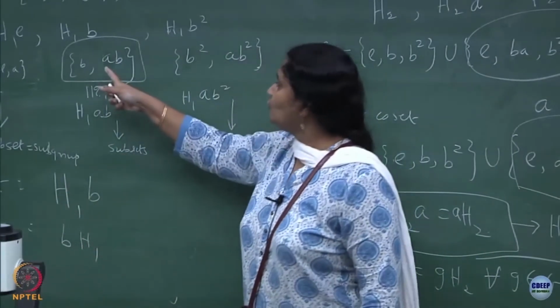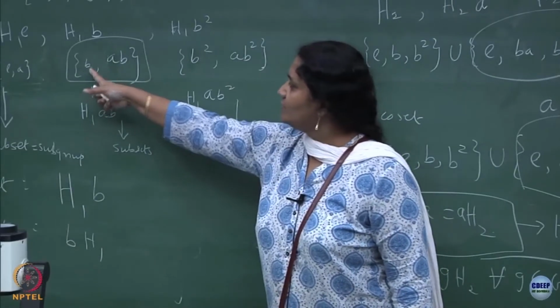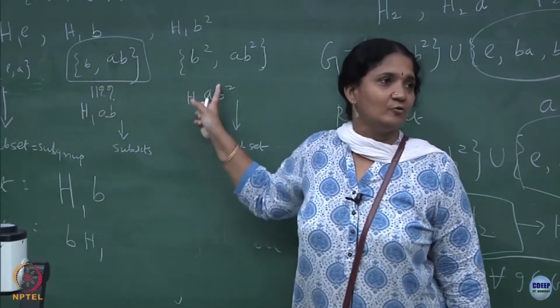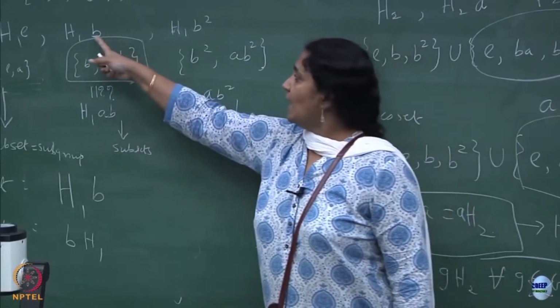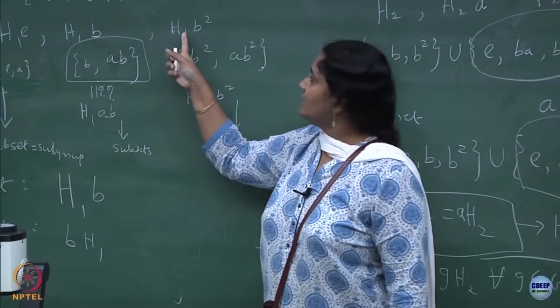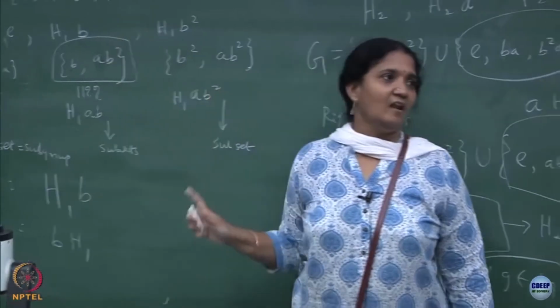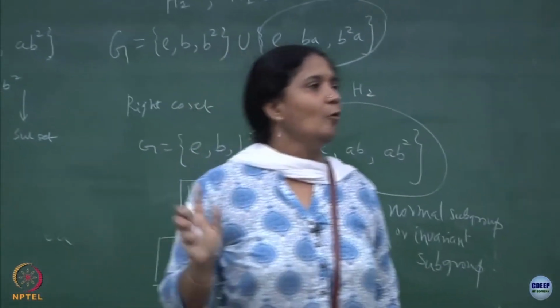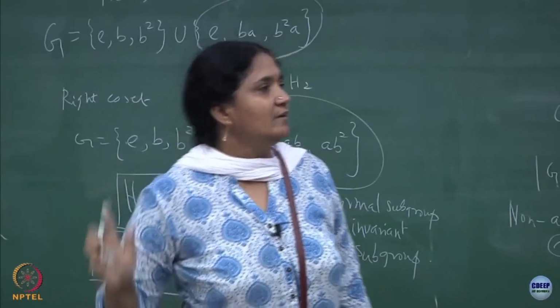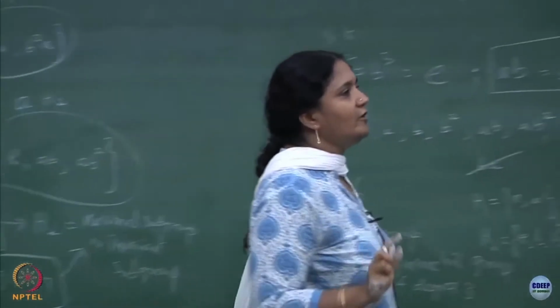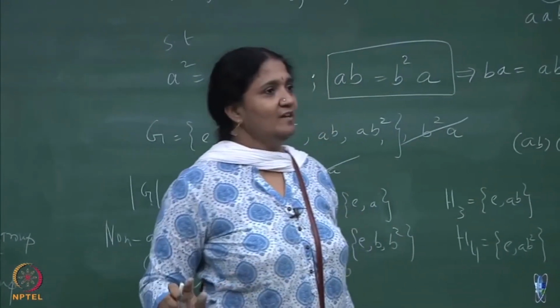So, no two cosets can overlap; there cannot be one element from this coset overlapping with that coset, that is impossible. The overlap between this coset and this coset is null. There is no overlap between H1b and H1b square, but the group will be a disjoint union of the cosets.